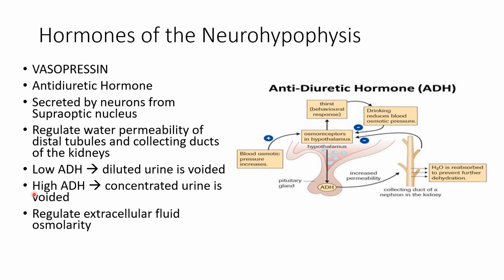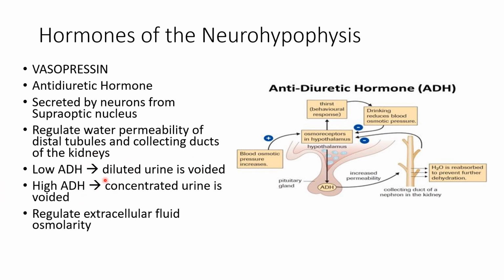So what happens here? As the name implies, antidiuretic hormone. When there is low ADH level, diluted urine is voided. There is no antidiuretic effect, so you urinate again and again, and your urine is diluted.